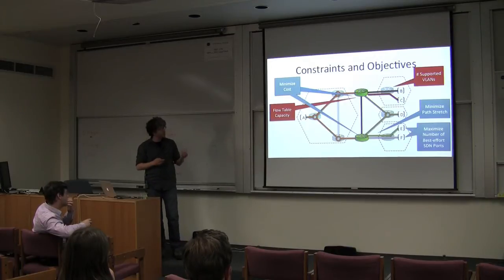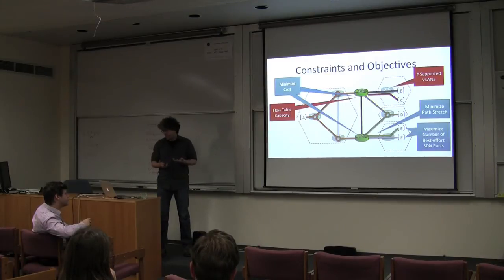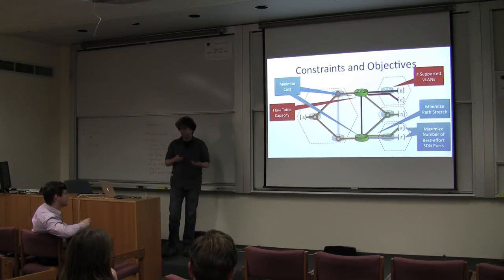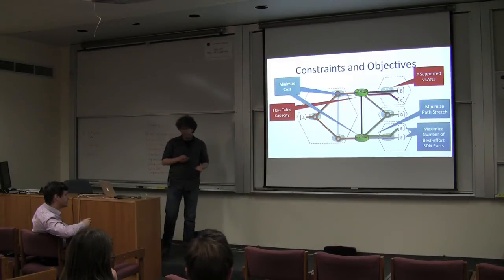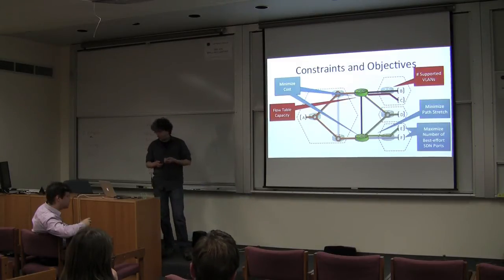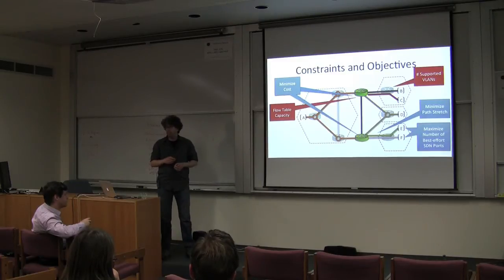These are the objectives and constraints, and you can think of this as a cost optimization problem. You can either minimize the cost subject to a threshold on the maximum allowed path stretch, or you can spin it and minimize the maximum path stretch subject to a budget threshold. So there are different ways that you can reason about this optimization problem.